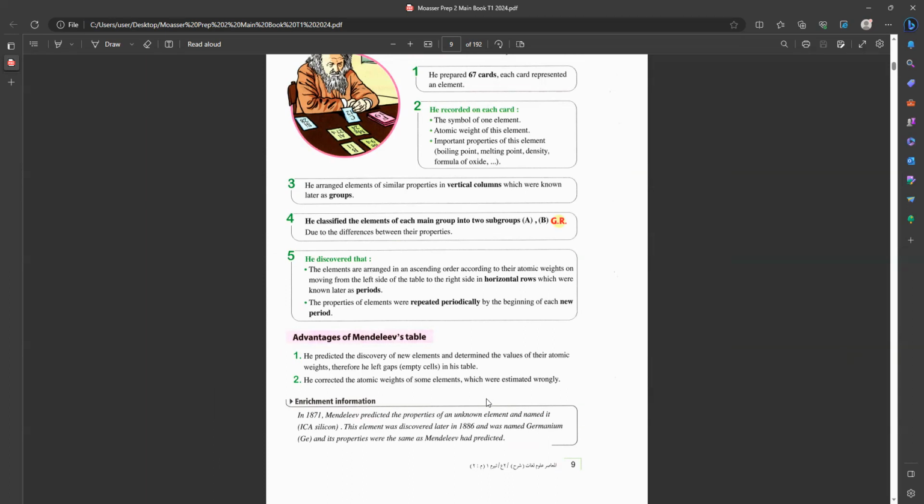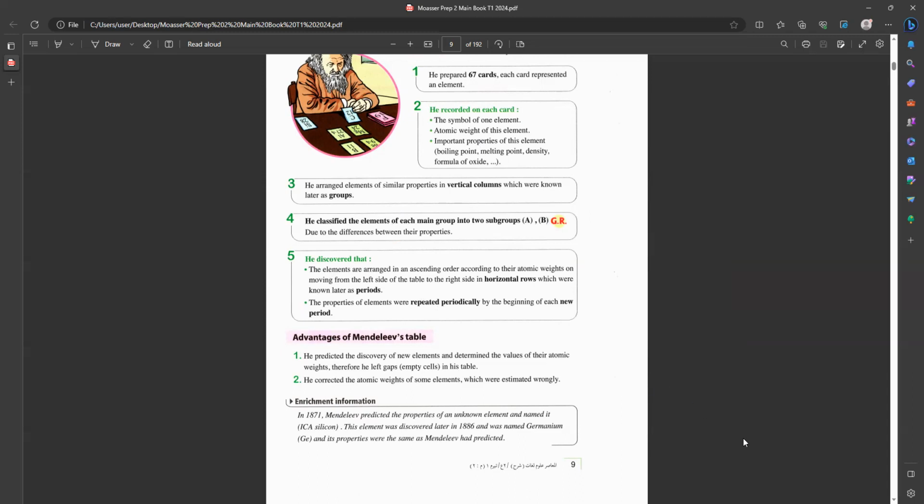This is what Mendeleev did. He prepared 67 cards, and put on them the symbol, the atomic weight of the element, and its properties, and arranged them in groups, vertical, and horizontal periods, and divided the groups into only two, A and B. A and B are different in properties, and he found the properties of the elements repeated periodically on reaching a new period.